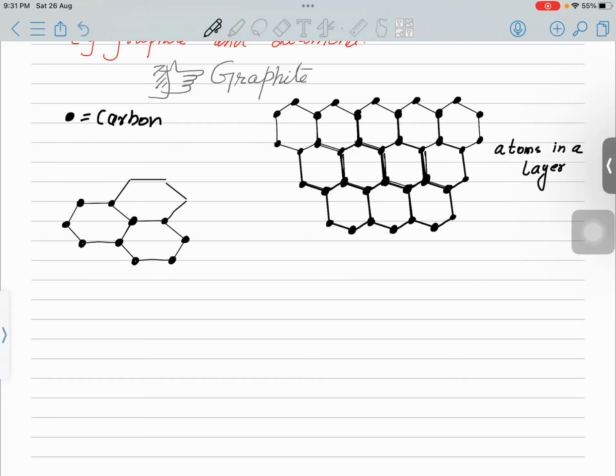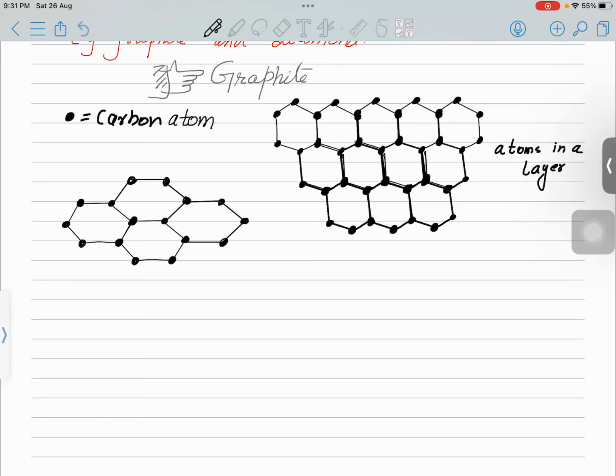This is a single layer of graphite, right? These are carbon atoms.